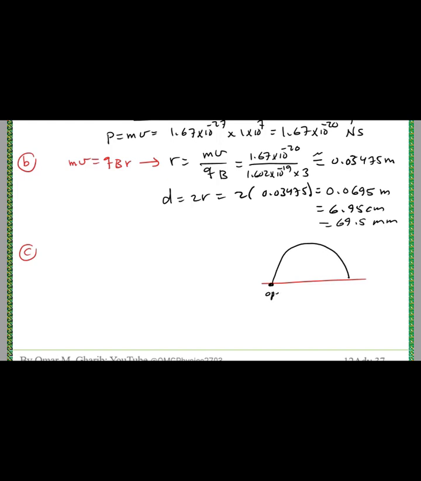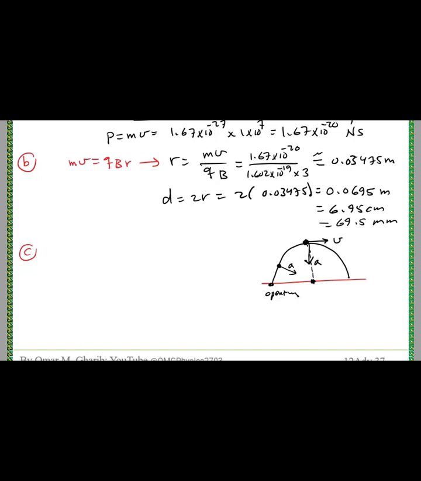And here is 90 degrees. So I need the velocity and the acceleration here. The velocity is tangent to the path, v. And the acceleration is toward the center. Here is the acceleration. If the object is here, the acceleration is in this direction. So the acceleration is always toward the center of the trajectory.